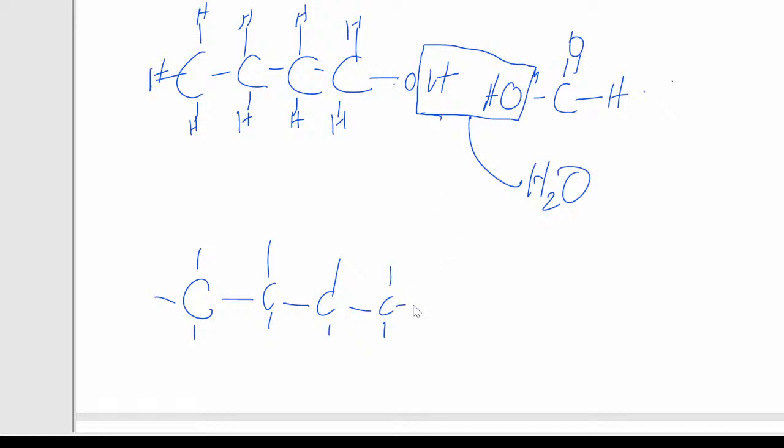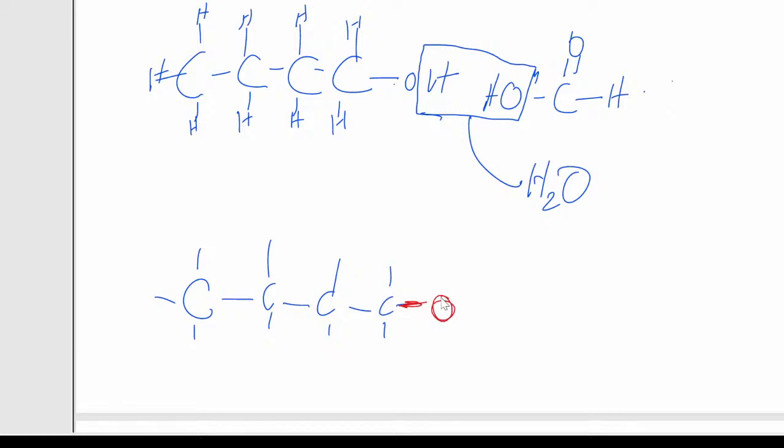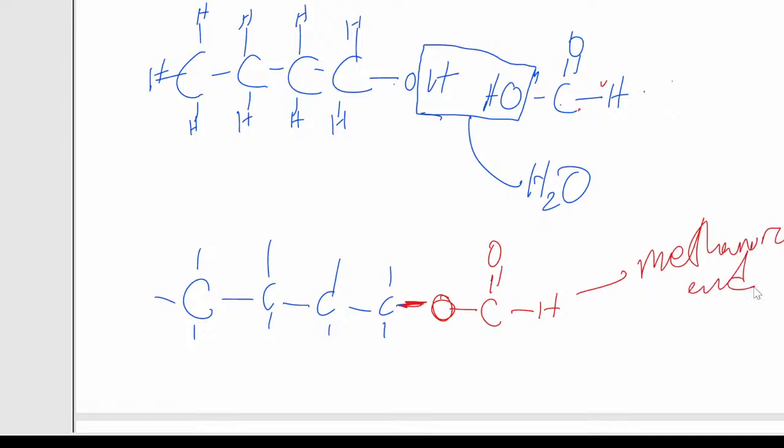Let me do it like this: this oxygen combines with this, then hydrogen. You see how it looks. This part came from methanoic acid, while this came from the alcohol. So this, with the hydrogens on it, is what you call an ester. And this ester has a fruity smell.